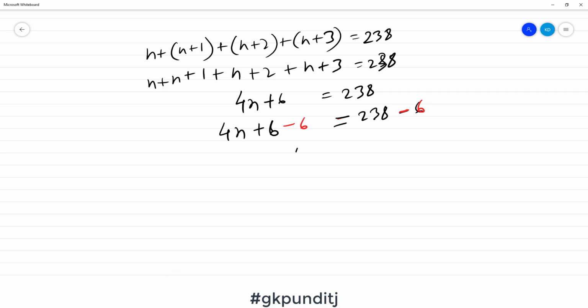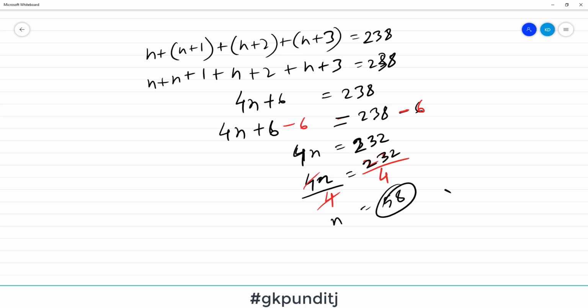So here we get 4n is equal to 232, and dividing both sides by 4, we get n is equal to 58.